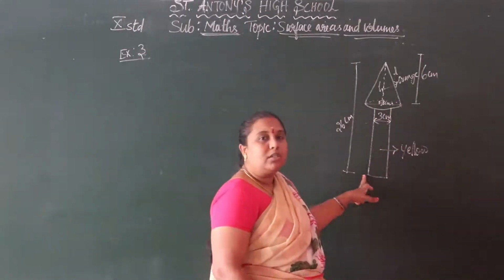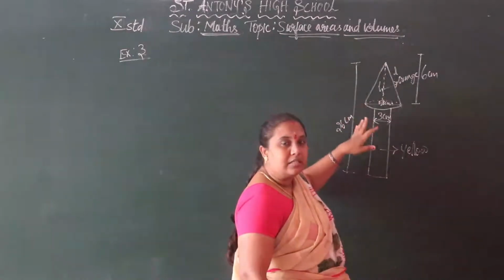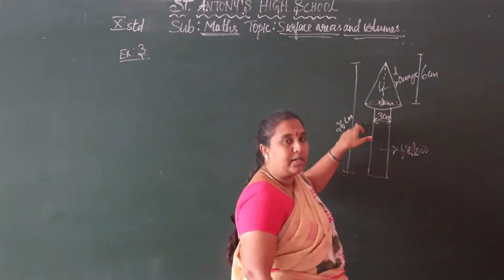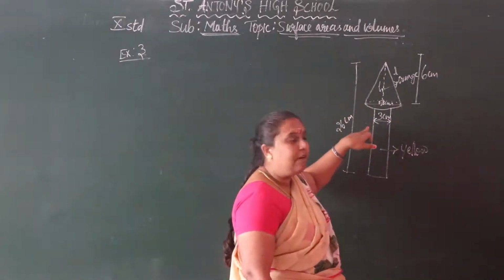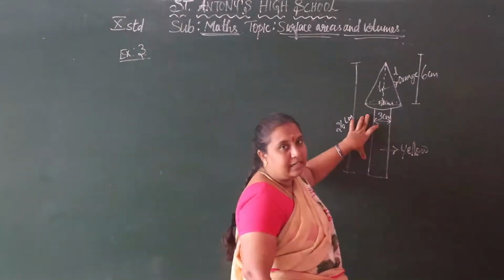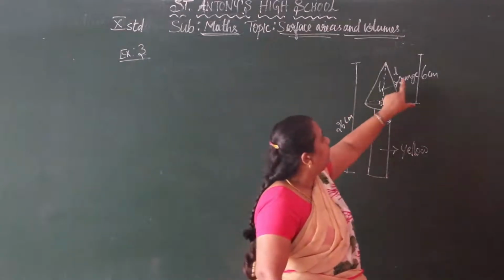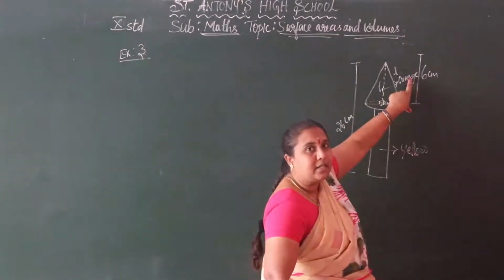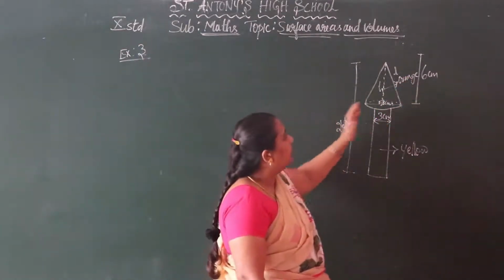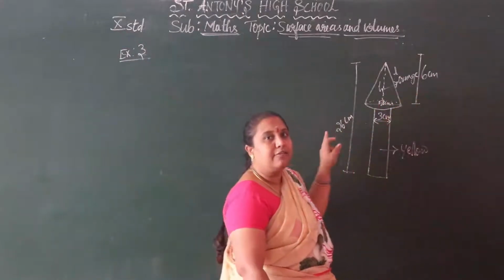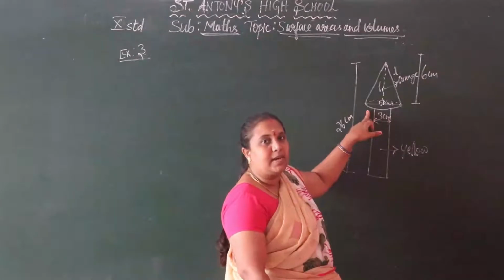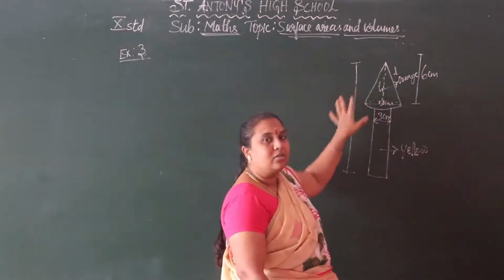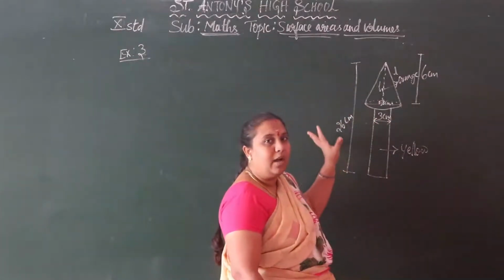We know the total height of the toy rocket, and from that we find the height of the cylindrical part. The height of the conical part is 6 centimeters, so subtracting 6 from 26, the height of the cylindrical part is 20 centimeters. These are the values before going to the sum.